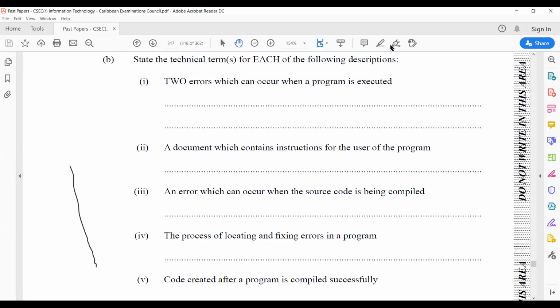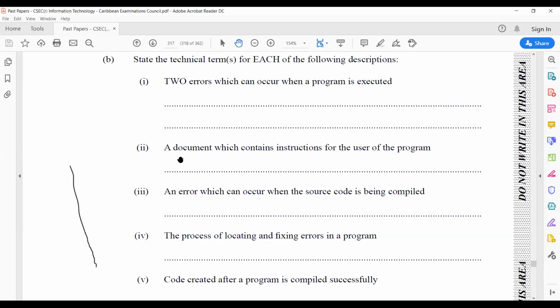So one error will be a runtime error, and a second error will be the logic error. So that's two errors which can occur when a program is executed.